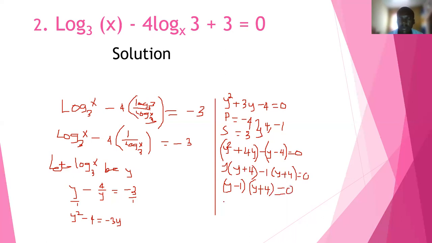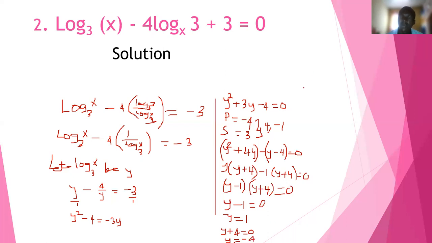So either y minus 1 is equals to 0, which is y is now equivalent to 1, or y plus 4 is equals to 0. So now y is equals to -4.